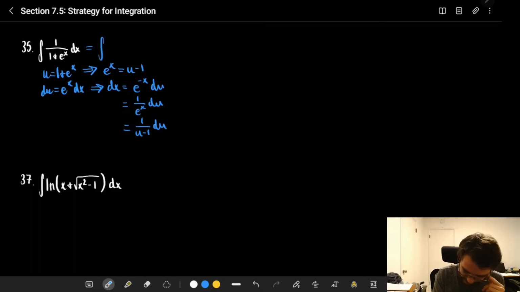Right, so this integral transforms into 1 over u. And then dx is just this guy, so I need to put that. Oh my god, it works. That's absurd. Okay, so you have the u from before, and then you have the u minus 1 from here.